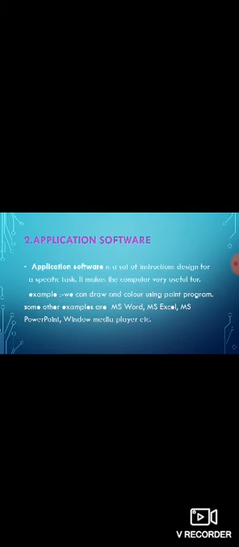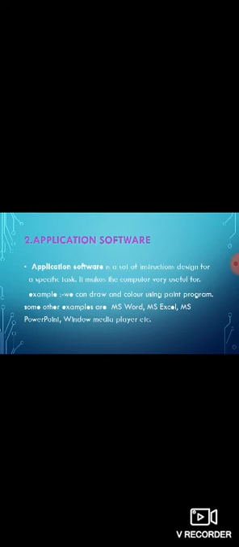Then next we see the application software. The application software is a set of instructions designed for a specific task, and it makes the computer very useful to us. Examples: we can draw and color using the Paint program. Some other examples are MS Word, MS Excel, MS PowerPoint and Windows Media Player.